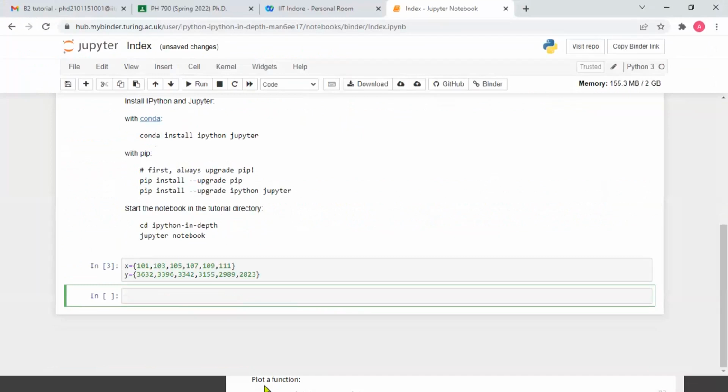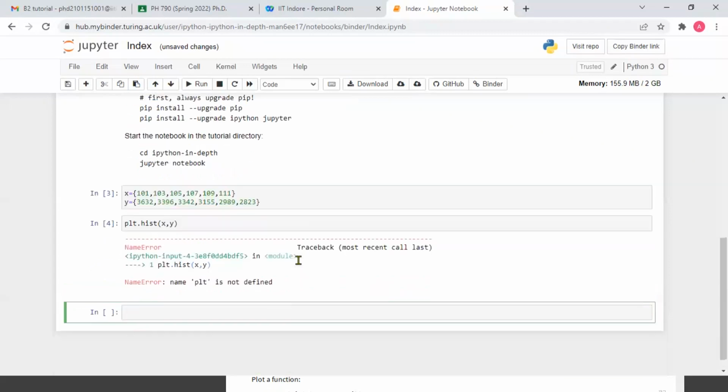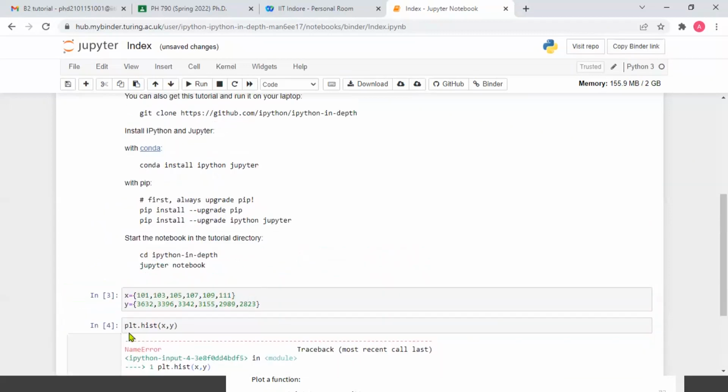plt dot hist first bracket x comma y, small hist. You are missing a T. Should I be importing something?